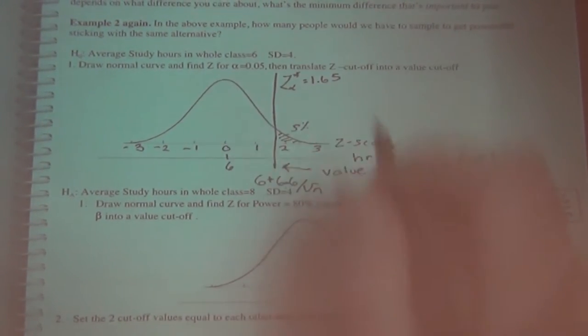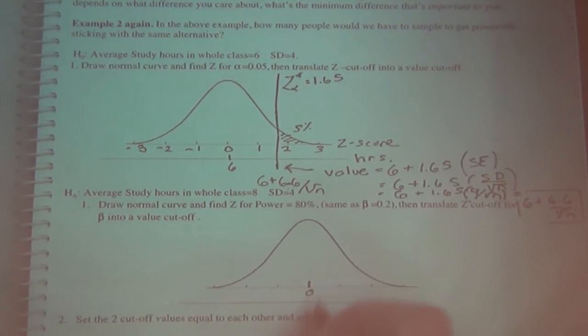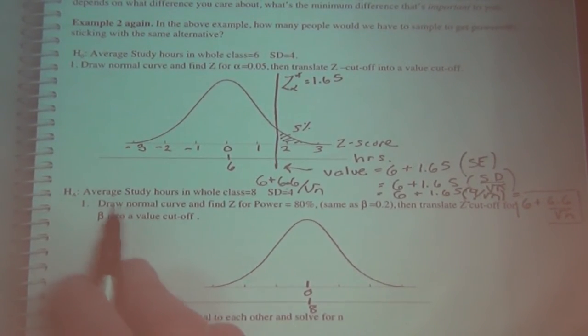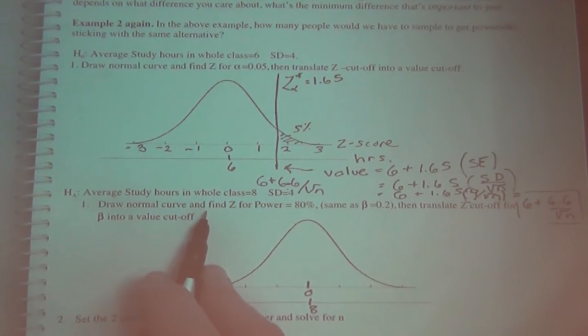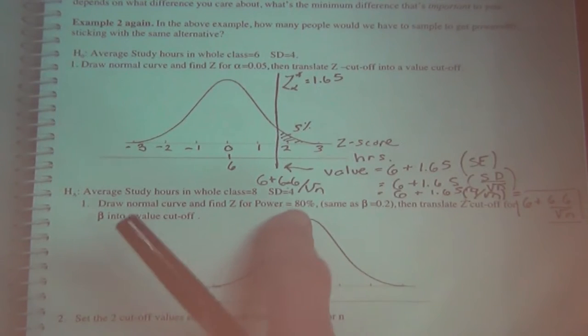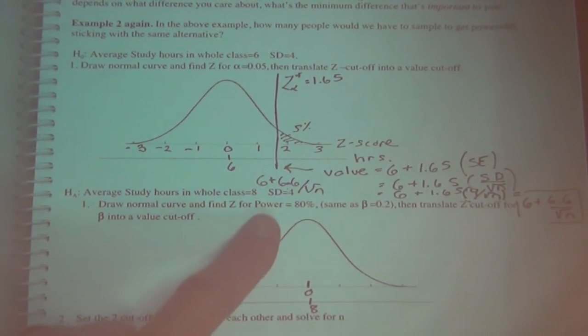Well, now, under the alternative here, 0. And this is 8, right? And now we're going to set beta. So now, draw the normal curve and find z for power equal to 80%, because we have to find what the z-score is for power equal to 80%.